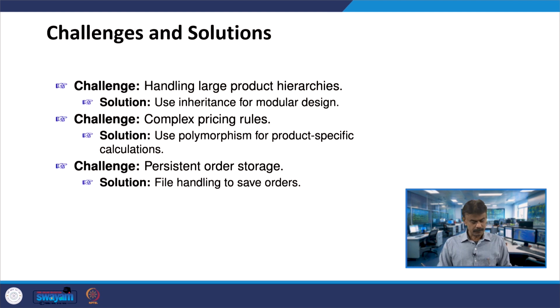So, in this case study, what are all the challenges and solutions? The challenge is handling large product hierarchies. If it is a big supermarket, you have several products, and you have to make it online.